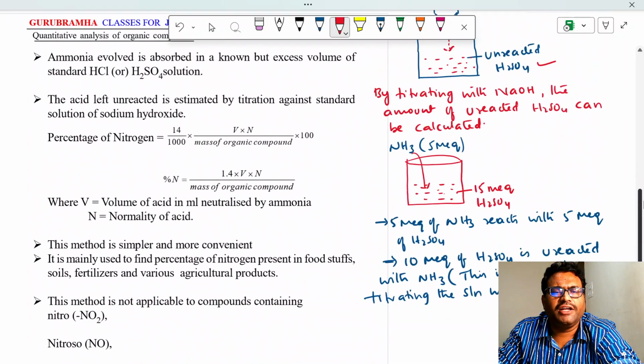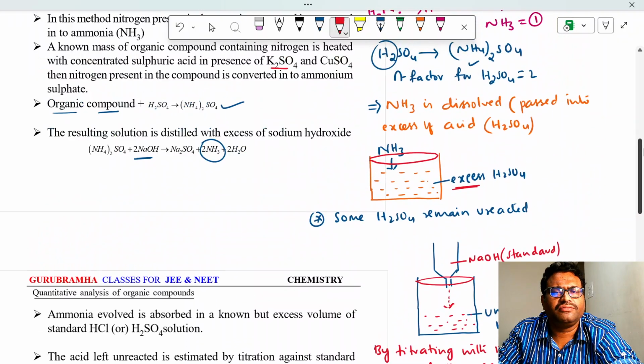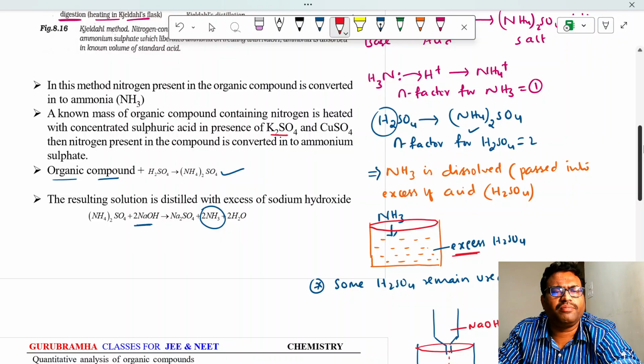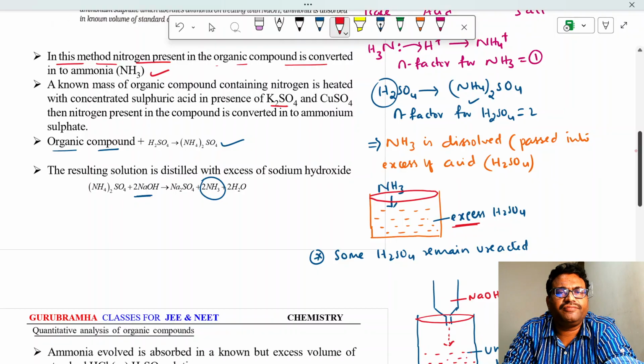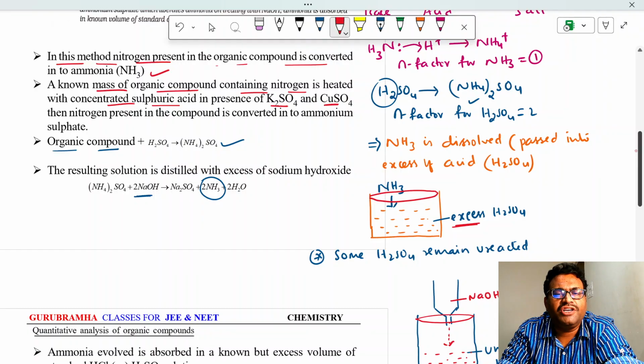You see here, from first onwards, in this method, nitrogen present in the organic compound is converted into ammonia. A known mass of organic compound containing nitrogen is heated with concentrated sulfuric acid in the presence of K2SO4 and CuSO4. Then nitrogen present in the compound is converted into ammonium sulfate. So this is the reaction.